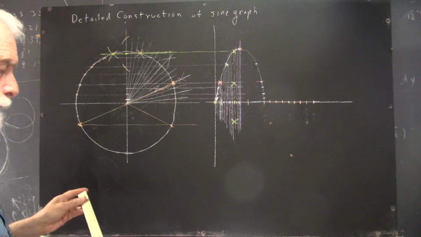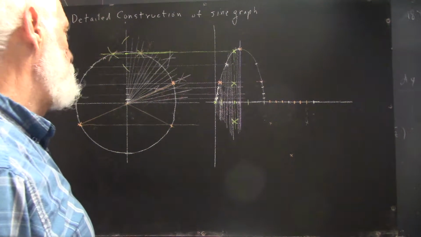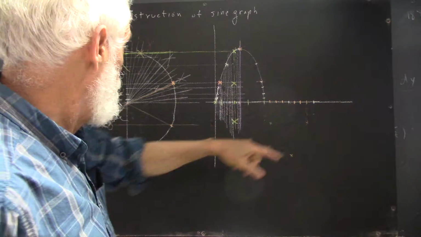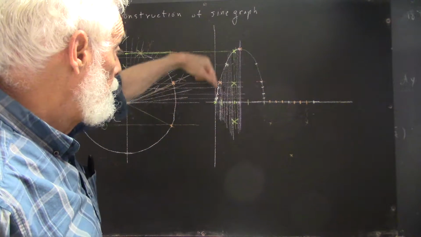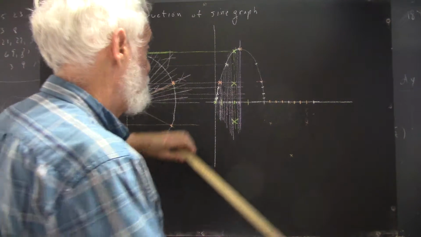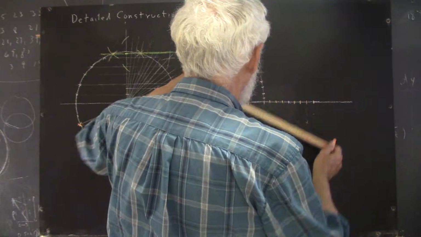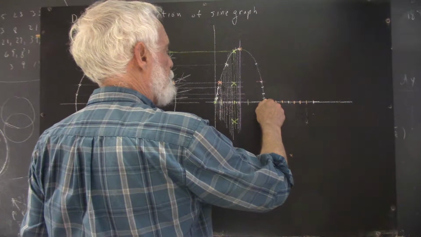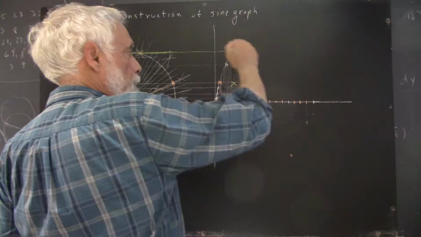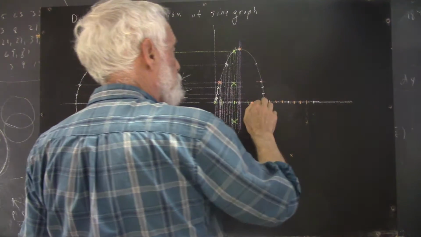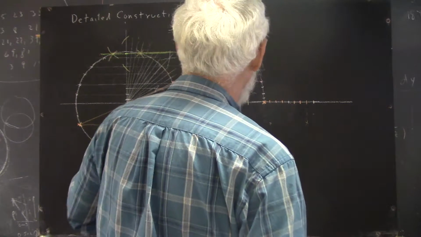I'm not going to go through every detail of it, but let me show you how we would construct that point based on the points that we've constructed here in our first quadrant. What I do is I'm going to reflect every point of this arch of the sine curve through this point.